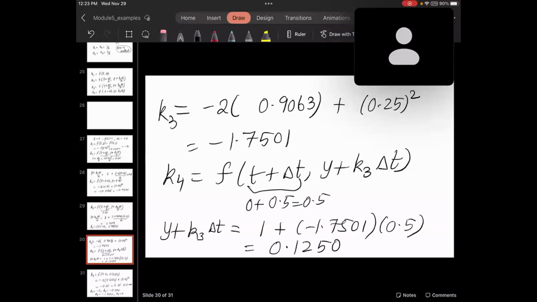So K3 has to be evaluated at minus 2 times 0.7656 plus 0.25 squared. How much is that? Minus 1.4687. So that is K3, and this value here has to be updated.